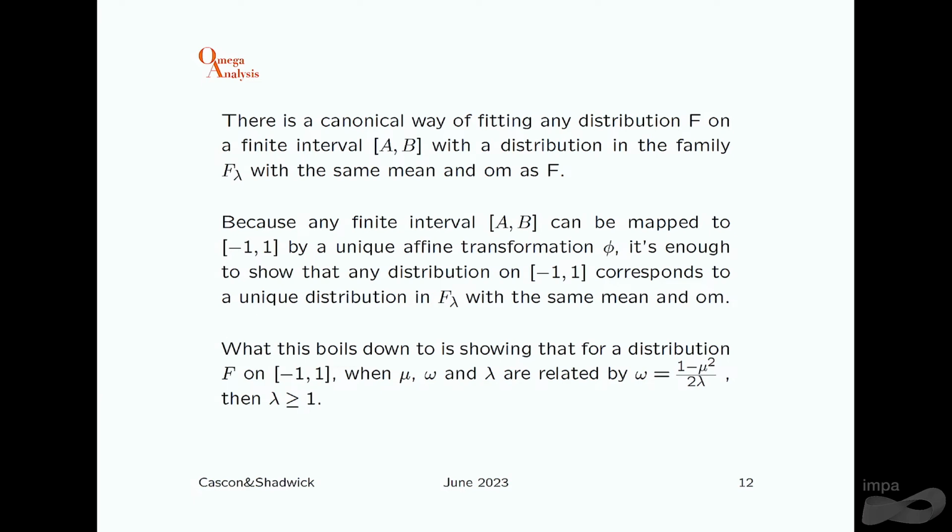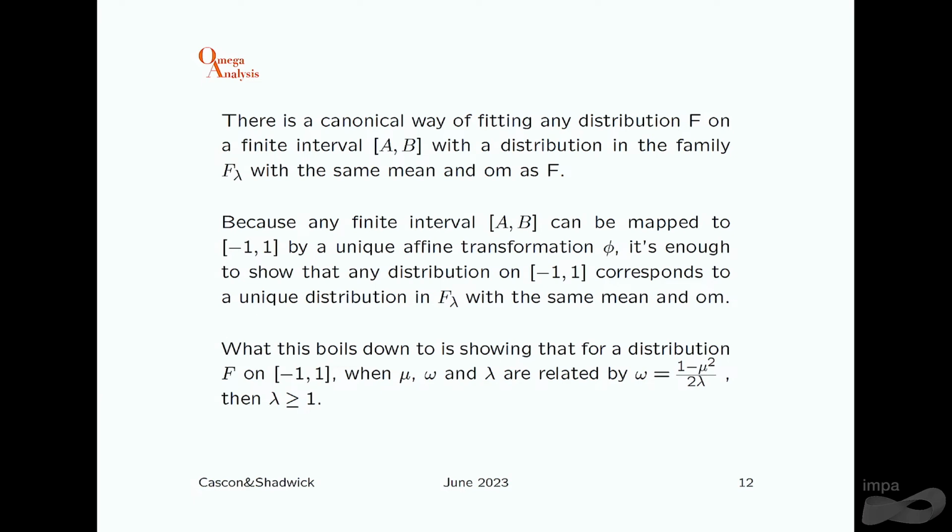You can map your data onto this standard interval, but it turns out you can do that in a way that preserves the mean and the ohm. So you're fitting through this family of distributions in a way that preserves the mean and the ohm.